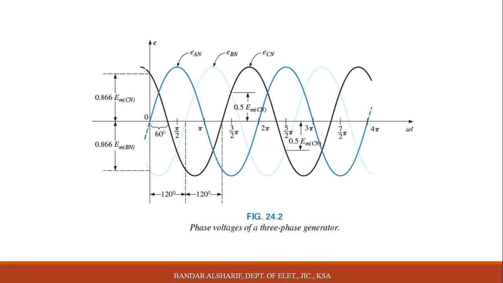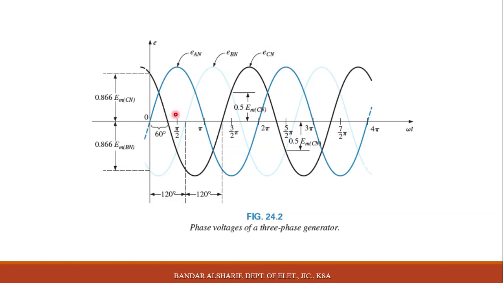When we generate electricity from the three-phase generator, we will have a three-phase waveform. The first one we call EAN. Let us use the pointer. The first one is EAN, the second one EBN, the third one is ECN.